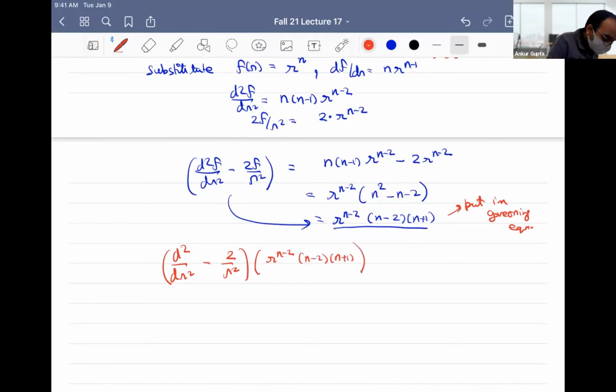So this is what I have to do. And this really is equal to n minus 2 into n plus 1 times d square by dr square minus 2 by r square of r to the power of n minus 2, right? I'm just substituting this.